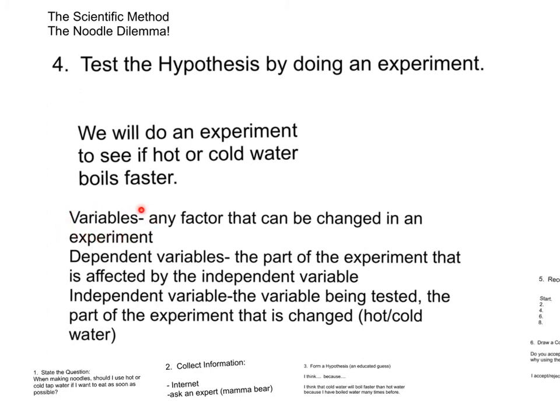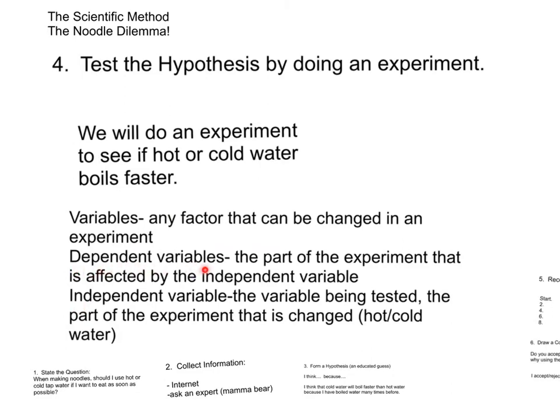A variable is any factor that can be changed in an experiment, such as the coffee pot, the type of hot plate, the amount of water, the amount of time between taking the temperature. There are 2 types of variables that you should further understand: the dependent variable and the independent variable.